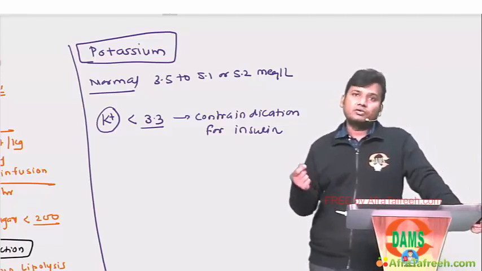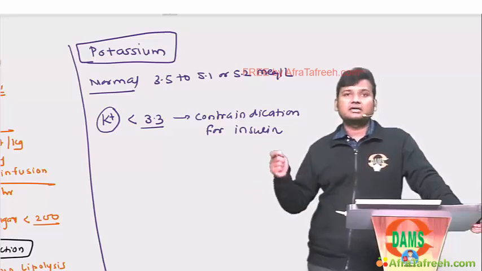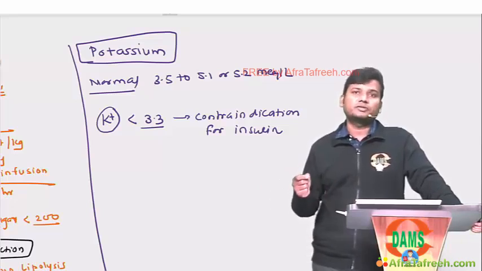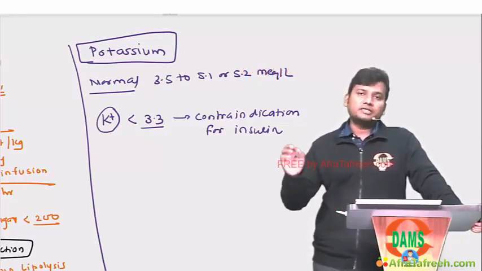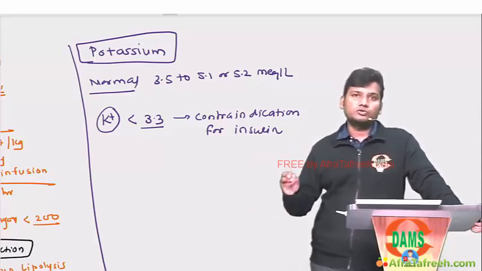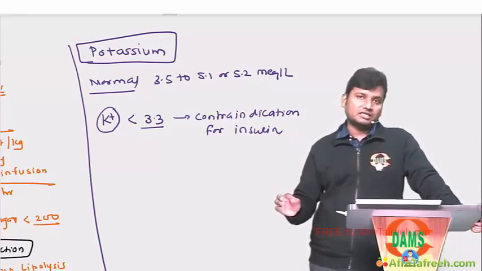Patient will develop cardiac arrhythmia, cardiac arrest, and it can result in death of patient, not because of disease, but because of the treatment. So whenever you want to give insulin intravenously, you have to check potassium level.